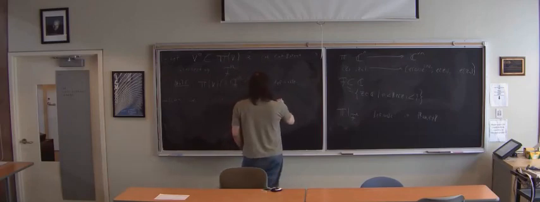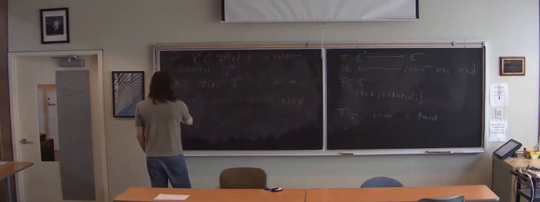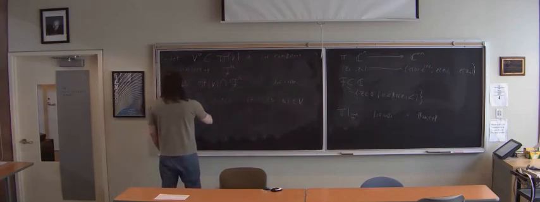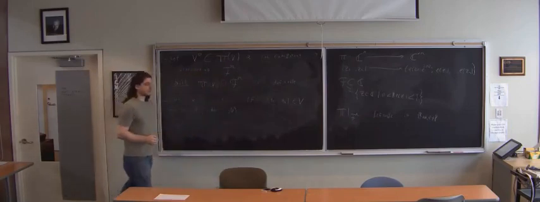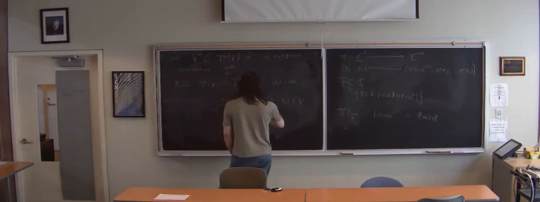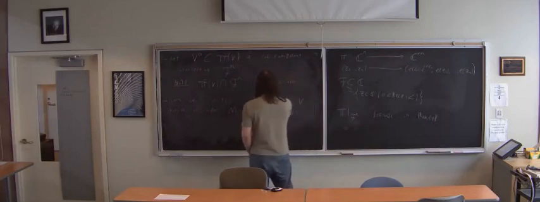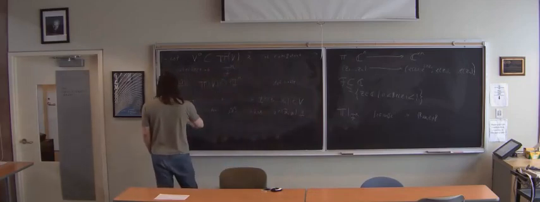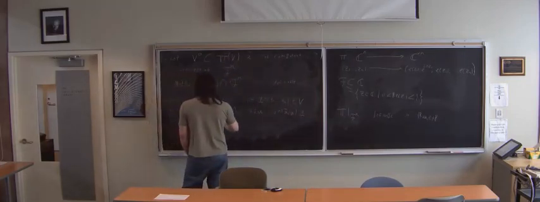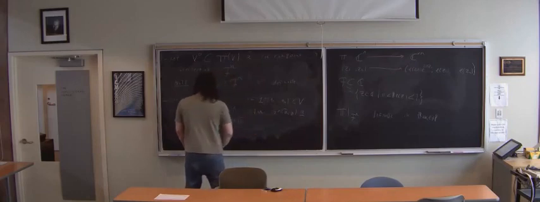So let's say if (q1, ..., qn) in V is a torsion point of order m, and the Galois orbit of this is of size phi of m, which is bigger than, say, square root of m.